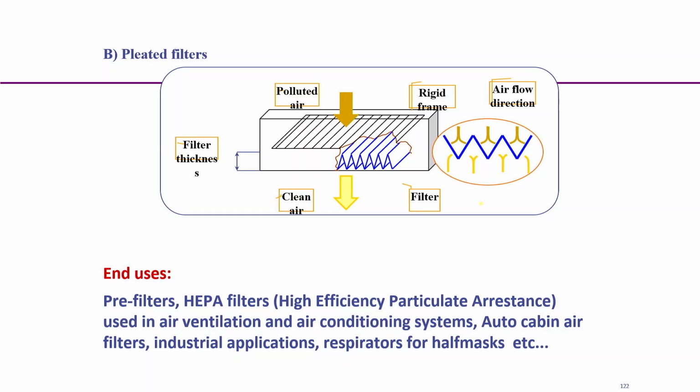Now, it is used as pre-filter, HEPA filter we can use, and used in air ventilation, air conditioning systems, auto cabin air filtration, industrial applications, respirators, and half masks, definitely for places where you have space constraints.